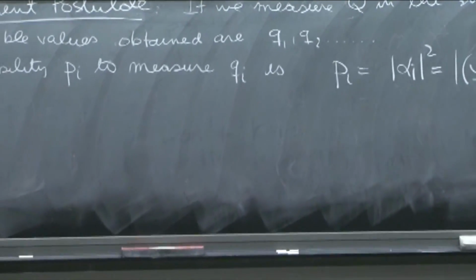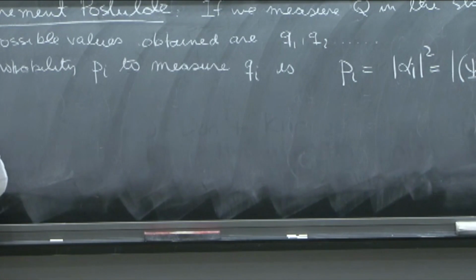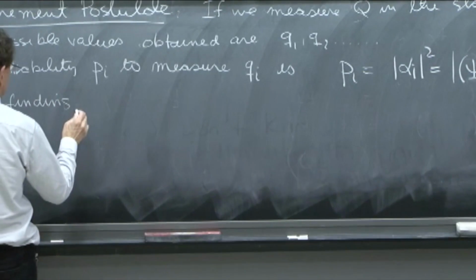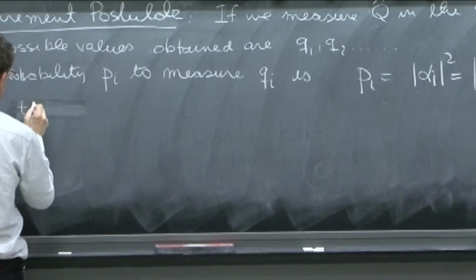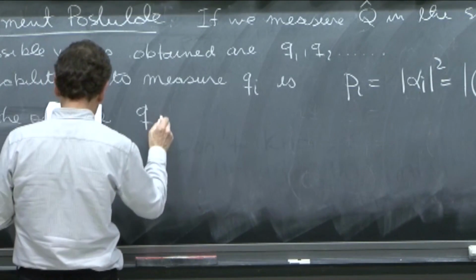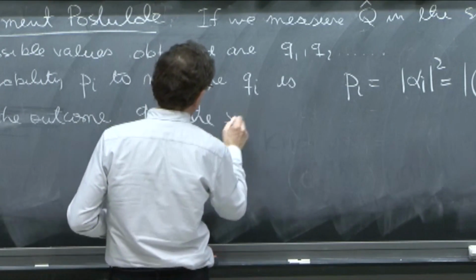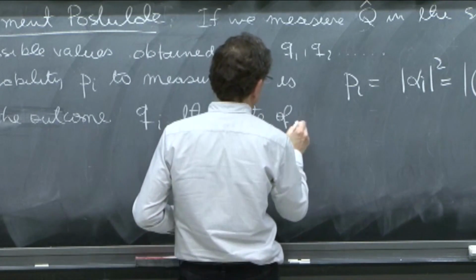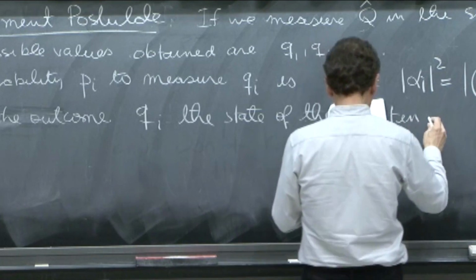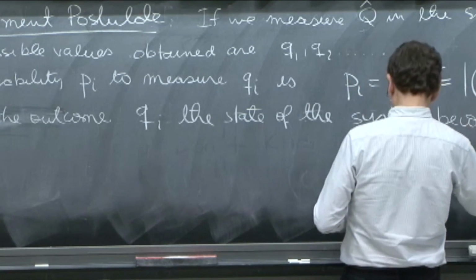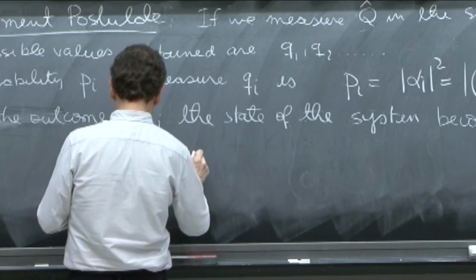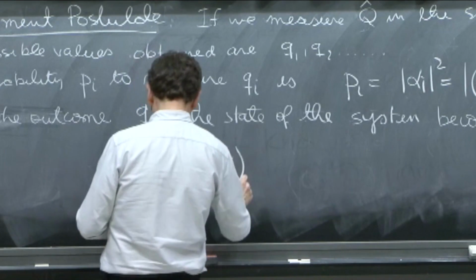And finally, after finding, let's write it, the outcome Qi, the state of the system becomes psi of x equals psi i of x.